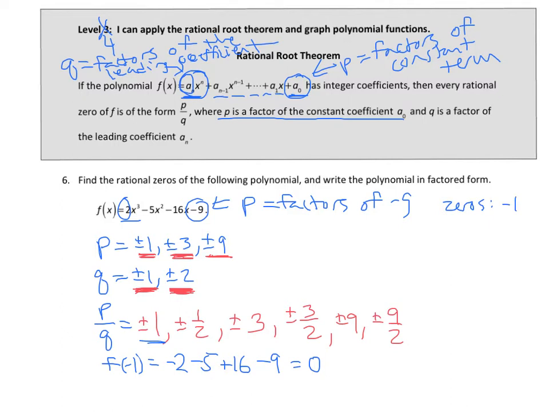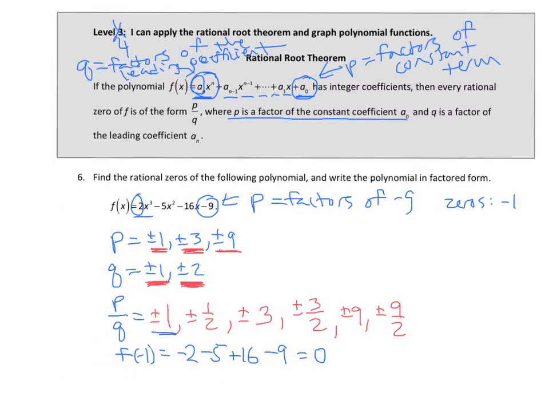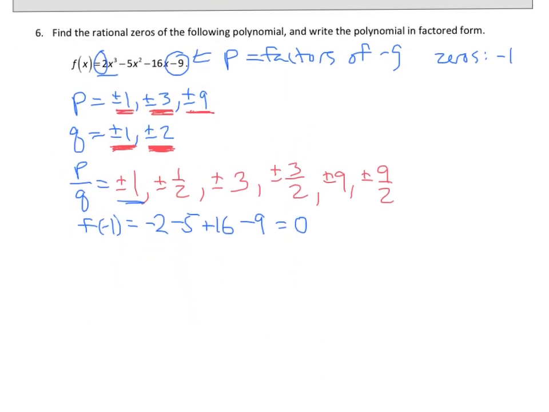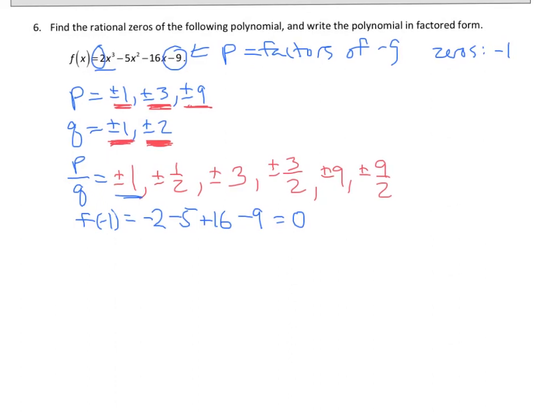And since negative 1 is a 0, if I wanted to write this polynomial in factored form, I can write f of x equals, x plus 1 would be a factor. If I divide the polynomial by x plus 1, I'll get the other factor, and then I'll be able to factor from there.